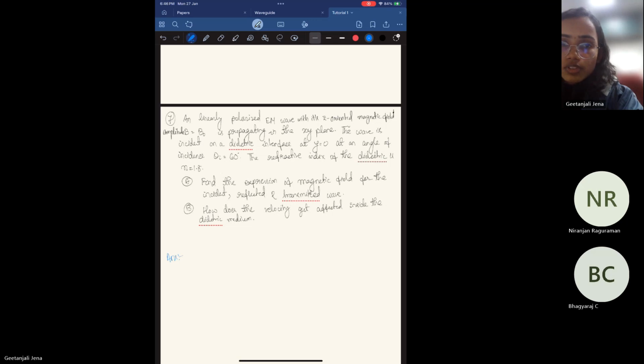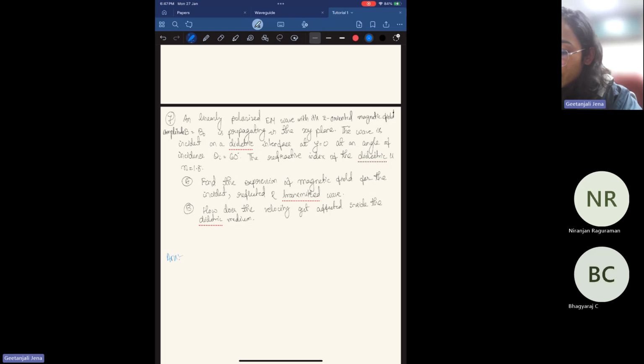So the question says, a linearly polarized electromagnetic wave with its z-oriented magnetic field of amplitude B equal to B0 is propagating in the xy plane.